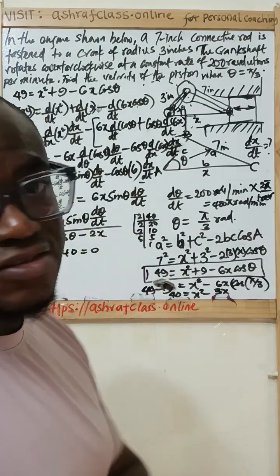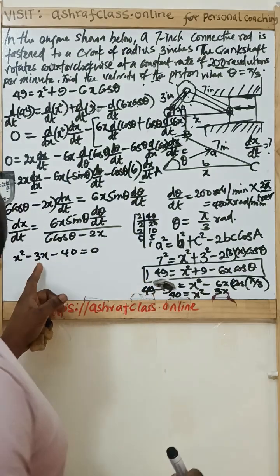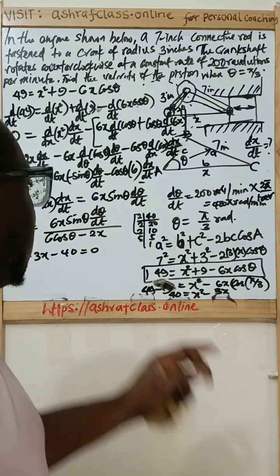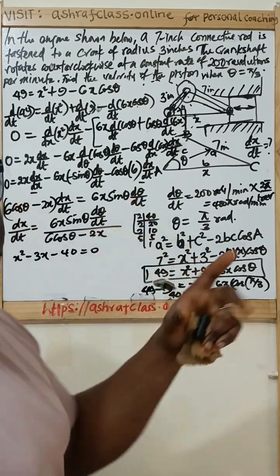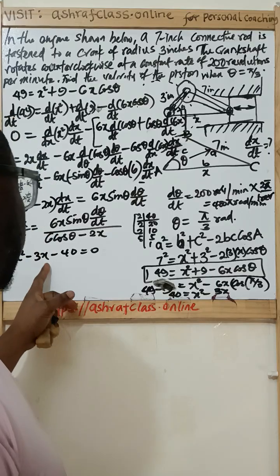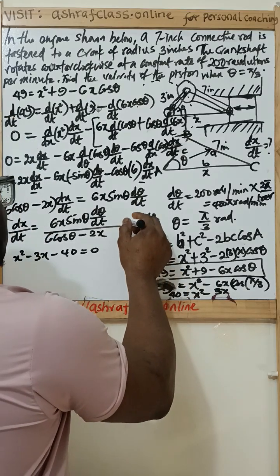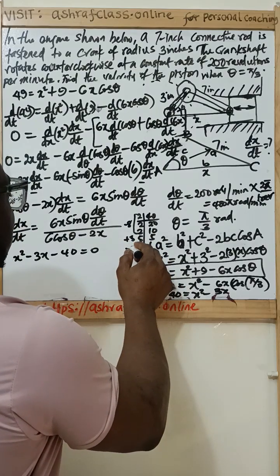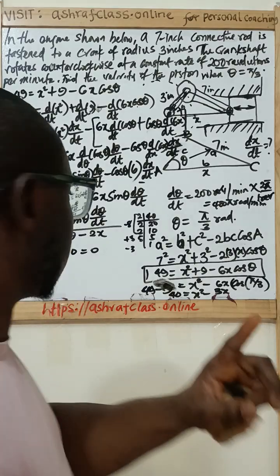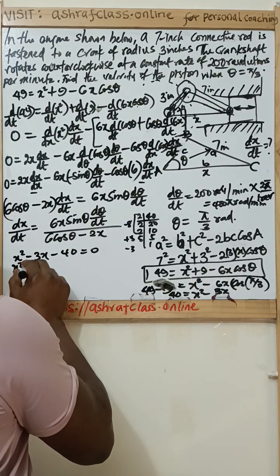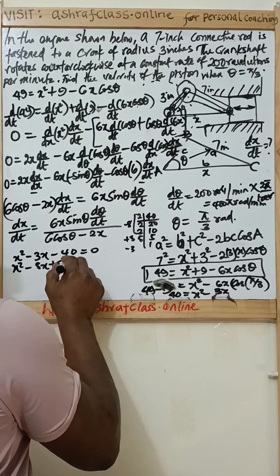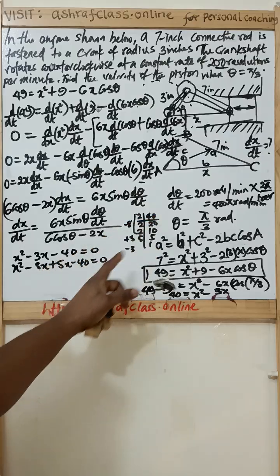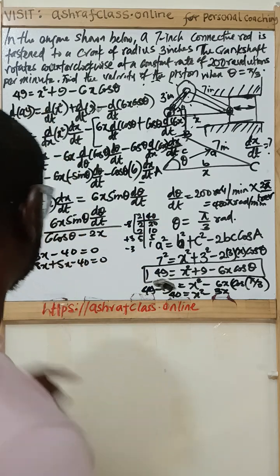8 and 5, we are looking for the middle number here, right? And what will be the middle number? So we reduce this to two numbers so that when we add them, we are going to get the middle number. If you decide to make this one minus 8 and make this one plus 5, minus 8 plus 5, that will be minus 3. So we have gotten what we want from there. So this is going to be x squared minus 8x plus 5x minus 40. And if we multiply the two, we are going to get minus 40, right?